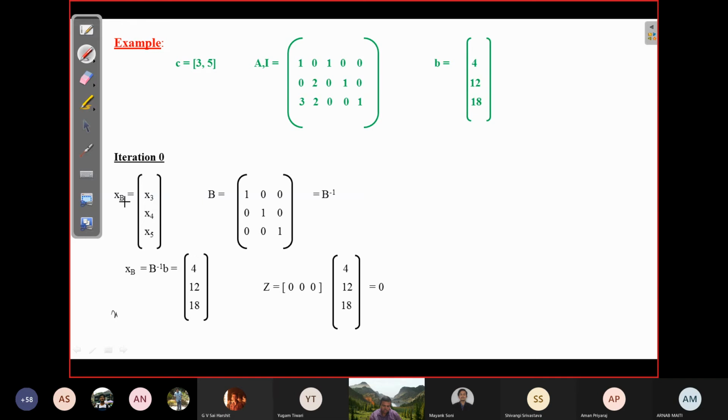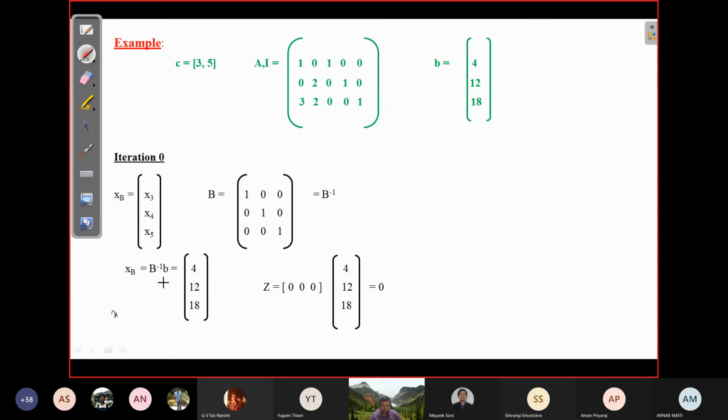For this xb, what is the capital B, the base? This identity matrix, because these are the columns for the slack variables x3, x4, x5. And because this is identity, it is equal to B inverse. So here B is equal to B inverse, right?